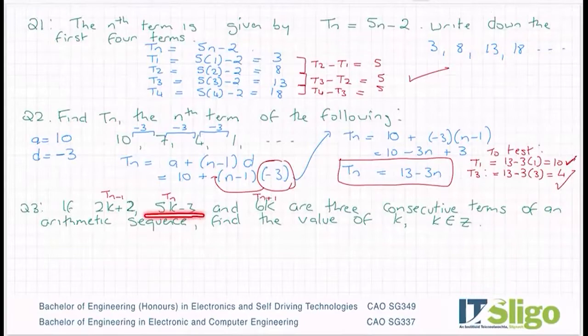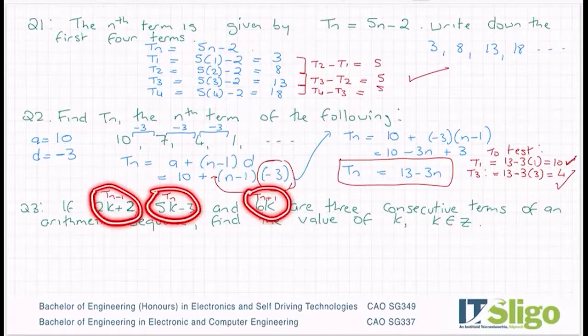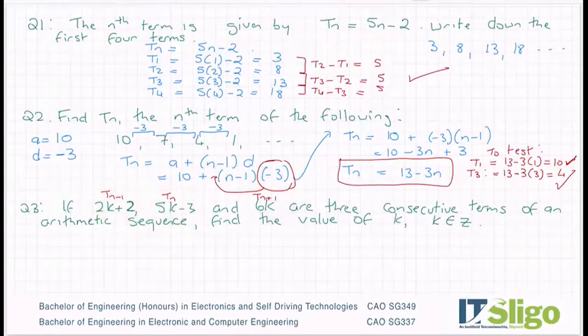I suppose the rule of thumb always is Tn is in the middle, and then you've one above it, one below it. It makes the maths a little bit easier when we label them like that, as opposed to calling this one Tn, this one Tn minus 1, this being Tn minus 2. In theory, that's correct too, but just the maths themselves are easier if we label them as such.